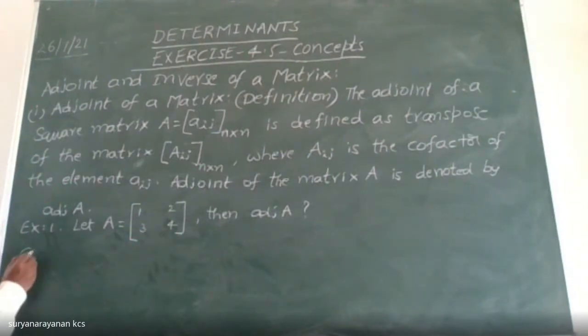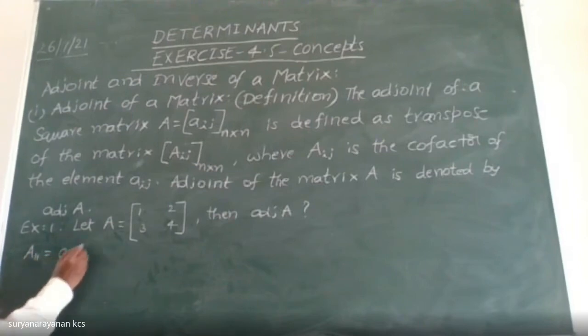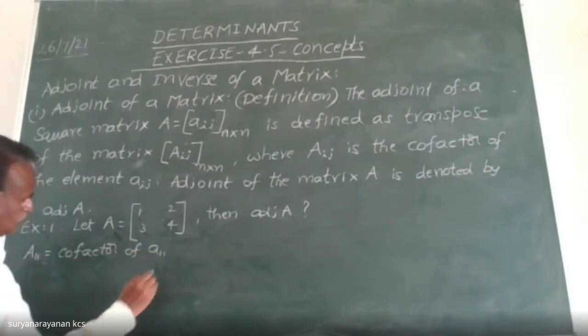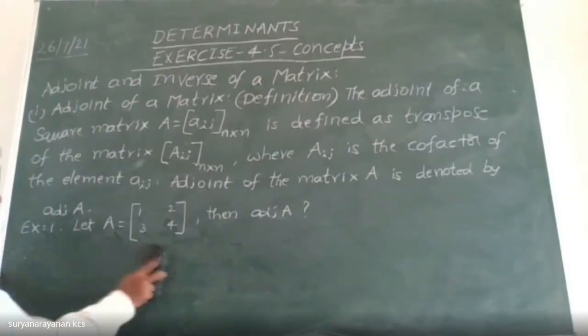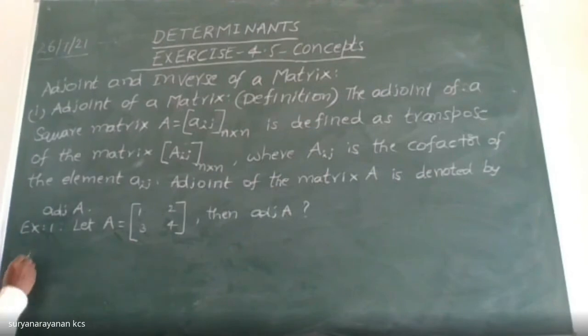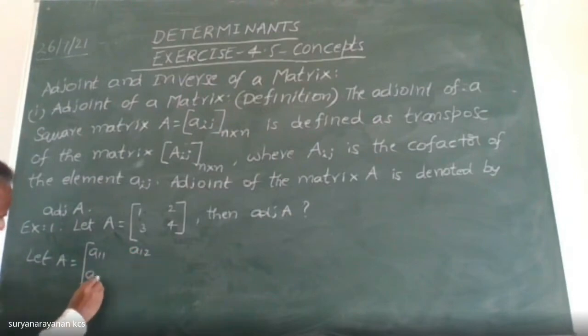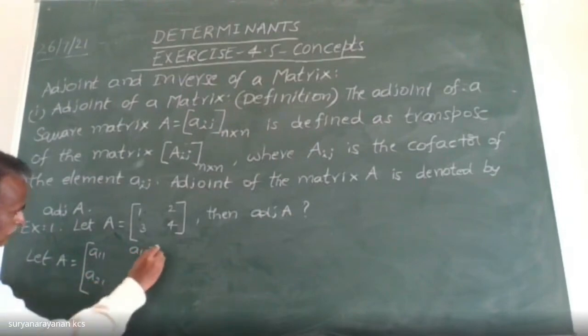So, this is a11. First, let us denote that A is equal to a11, a12, a21, a22.